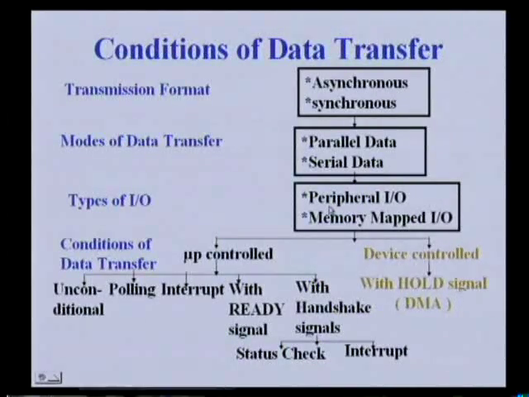Processor identifies I/O devices as peripheral I/O, that is called I/O mapped I/O or peripheral I/O, and memory mapped I/O. In the last session we saw this. In peripheral I/O, processor identifies peripherals as peripherals or I/O devices only. It uses IN instruction and OUT instruction for data transfer.